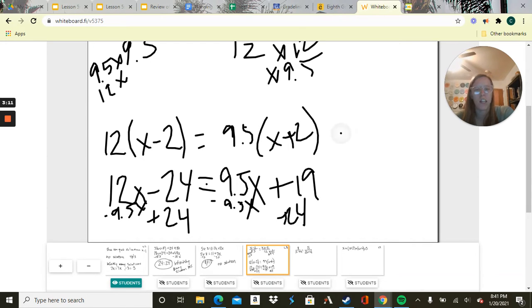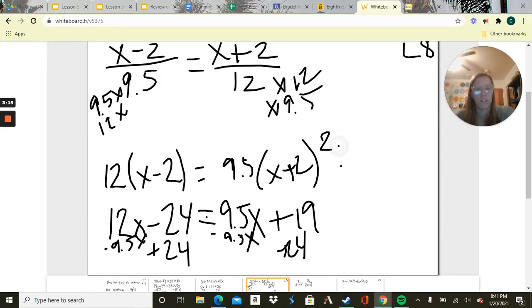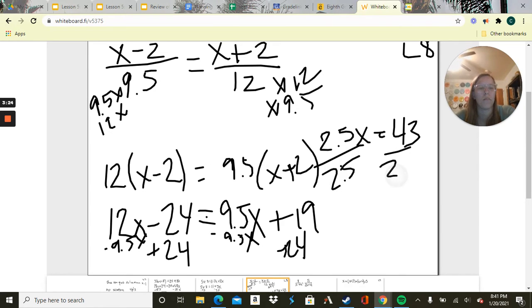So we end up with 2.5x, sorry, we're getting a little sloppy on the other side, equals 43. We divide by 2.5, divide by 2.5, we end up with x equals 17.2.